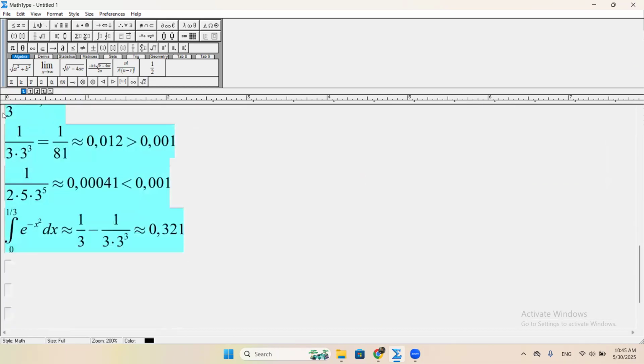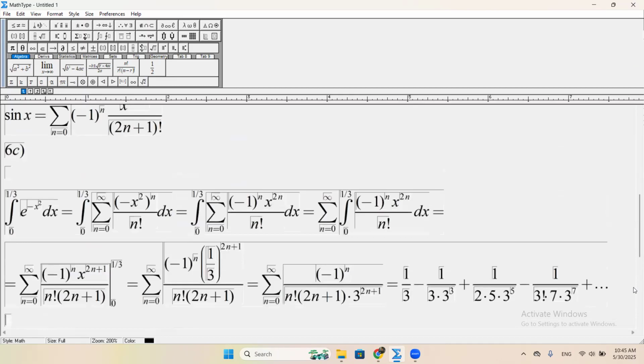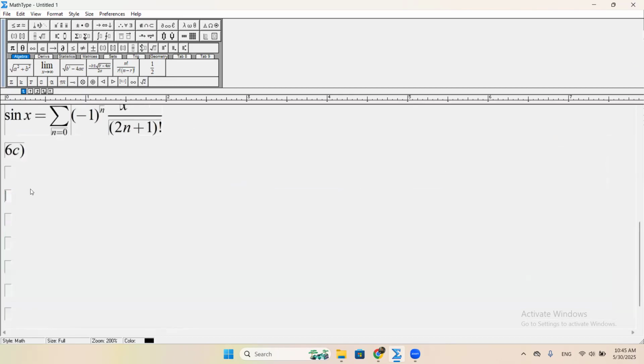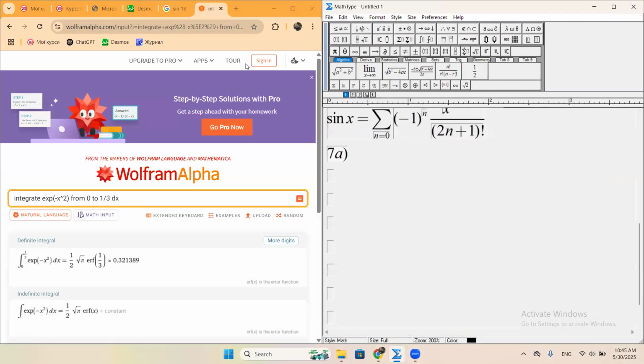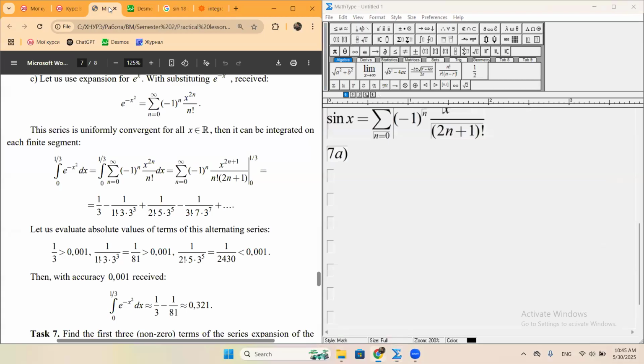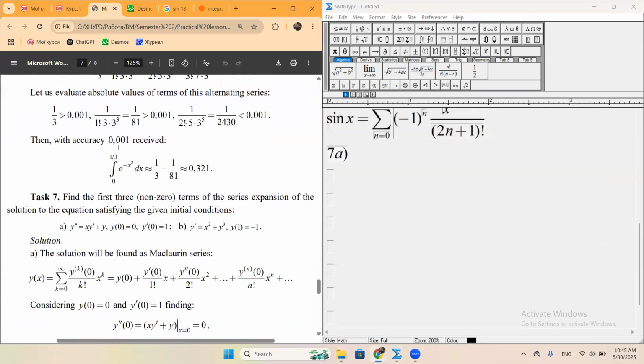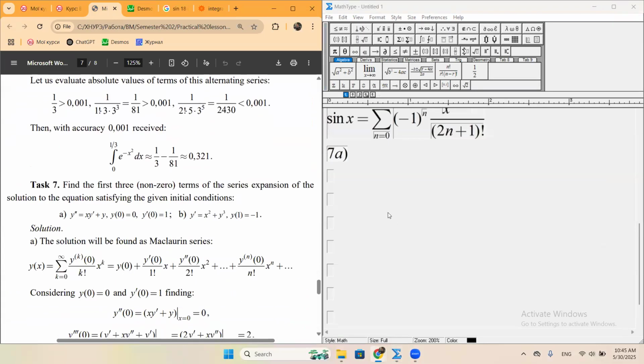Okay, if no questions, let's solve one more exercise related to the application of power series. So we will use the power series to integrate differential equations.